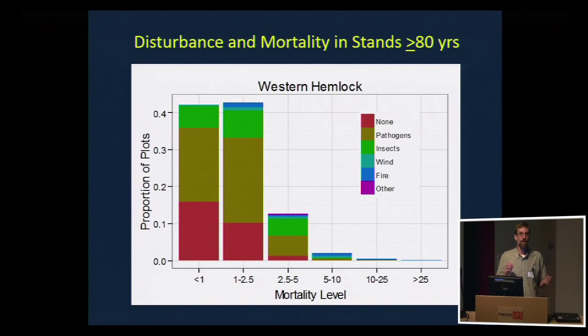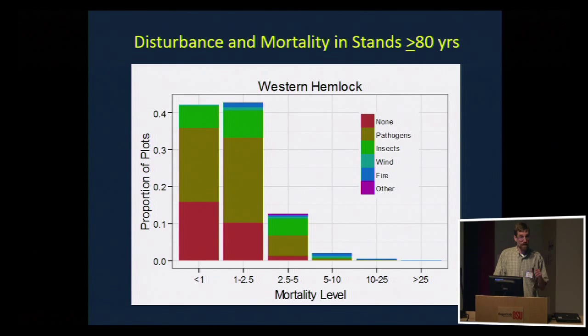There's also things like wildfires out there. And so what I'm going to show you now are the distributions of mortality rates across the whole Western hemlock vegetation zone. These are just stands greater than 80. And again, when we look at this, we can see that, yeah, a little over 50% of those mortality rates are up above 1%.